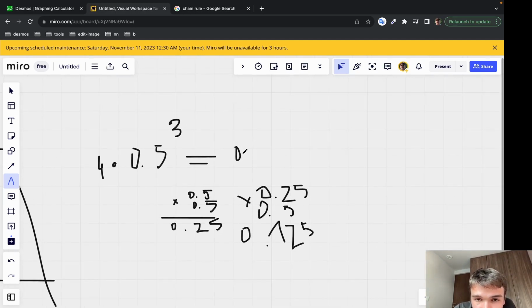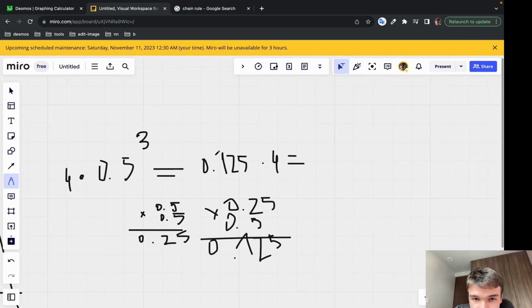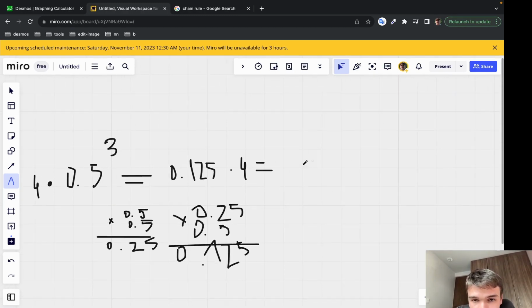So now we have 0.125 multiplied by 4. I'm not going to calculate this in such a way. I'm going to calculate it simply like 4 multiplied by 100 is 400, and then 25 multiplied by 4 is simply 100, so we got 0.5 from this.